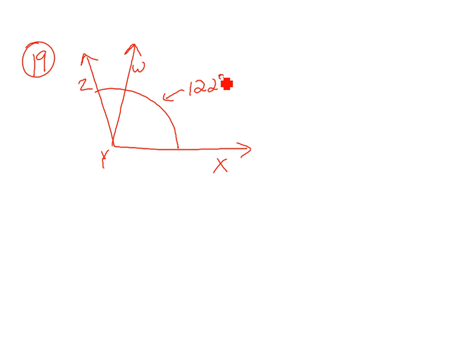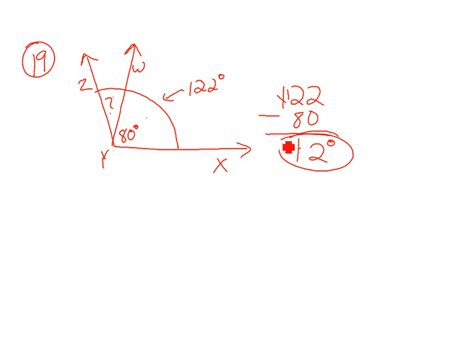And angle XYW, that's this angle, is 80 degrees. They want us to find this angle over here. We're using the angle addition postulate. This angle plus this angle should add up to be the whole thing, so we're just using it backwards. 122 minus 80 is 42. So that remaining angle has to be 42 degrees.